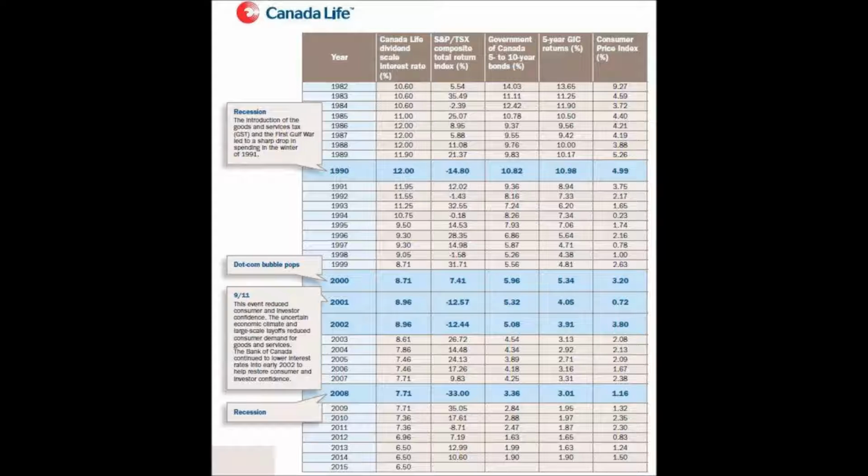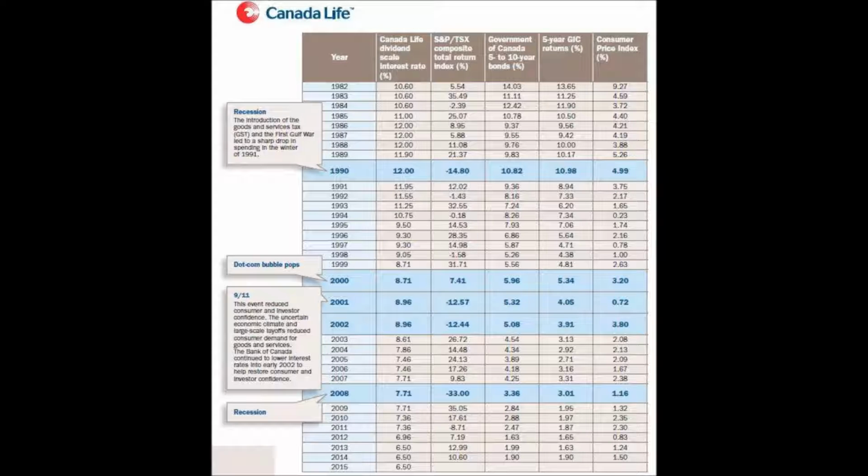So for instance, if we look at 2008, the Canada Life dividend scale had a return that year of 7.71%. Again, a reasonable rate of return for almost all investments would be considered around 7%. You can see that the market in the next column actually returned a negative 33.